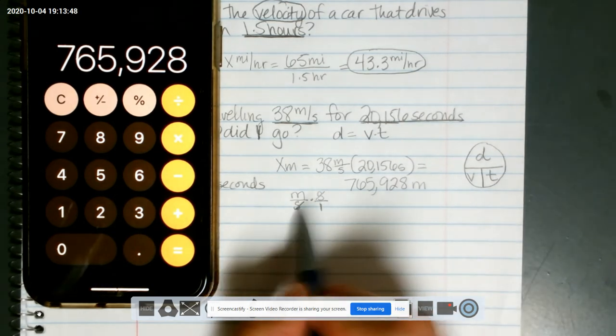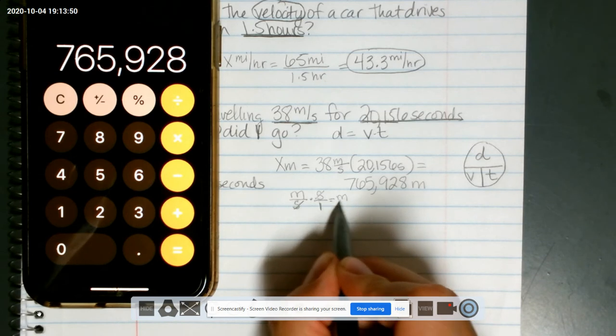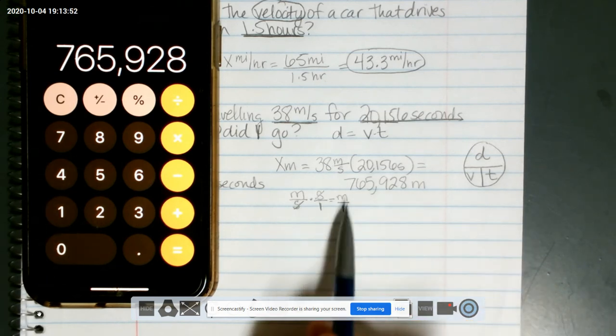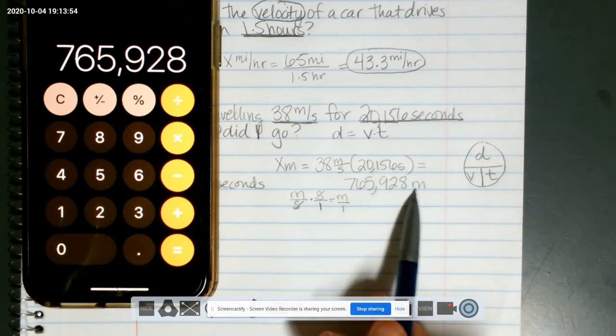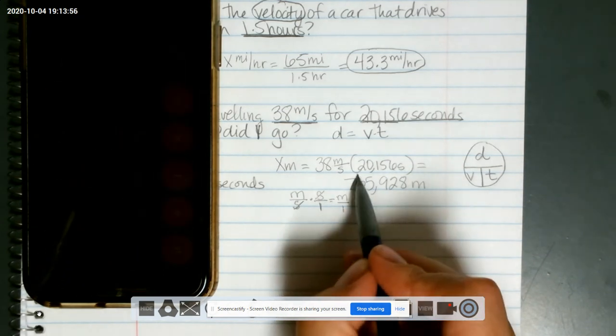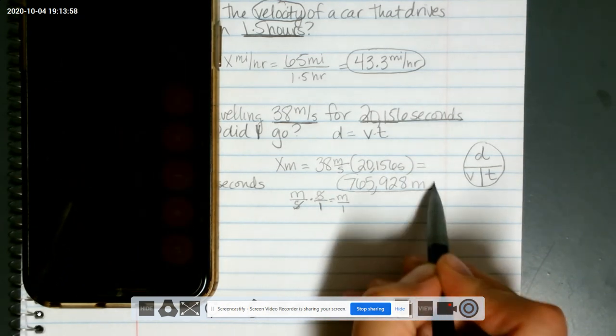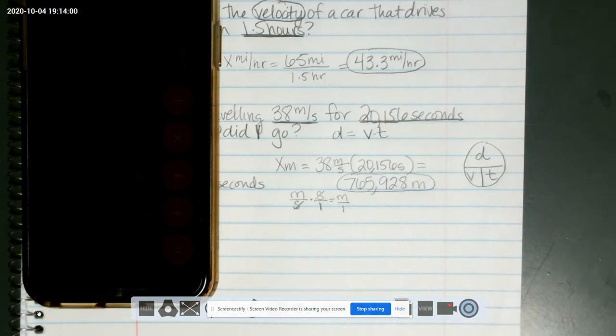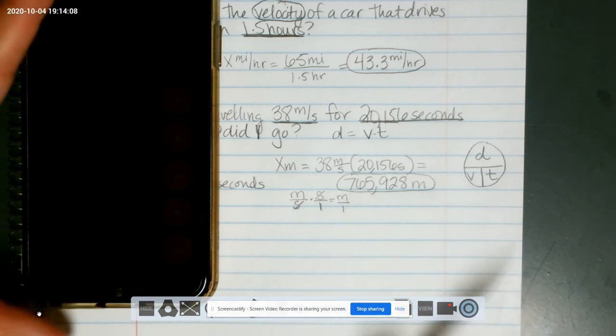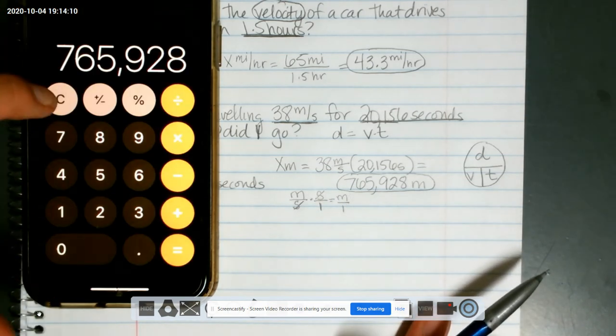So by getting rid of them, that equals a meter over 1. Well, anything over 1, we don't really need the 1 anymore. It leaves it by itself. That gives us the meters. So you can check your units as well and know that we are on the right track, because we got rid of the seconds and left us with meters by itself. And that's what we needed, the distance or displacement.